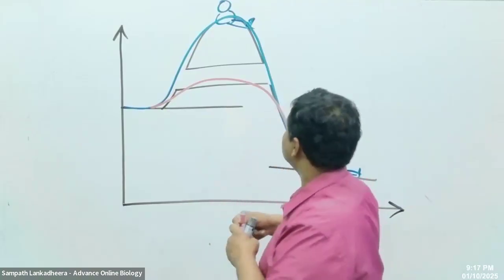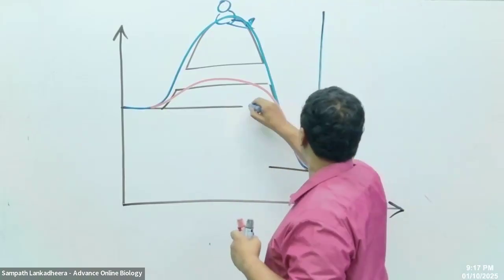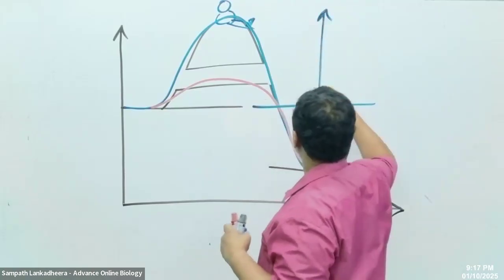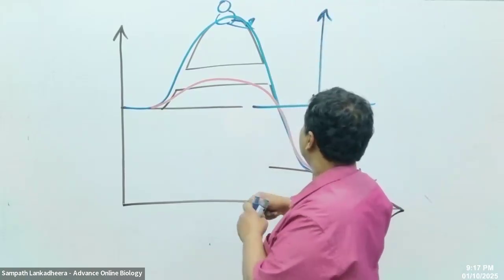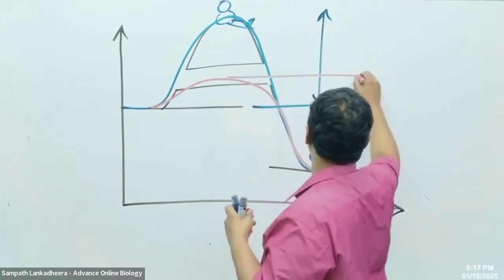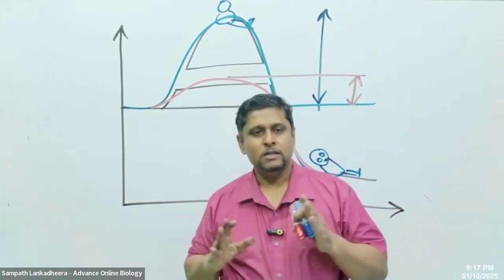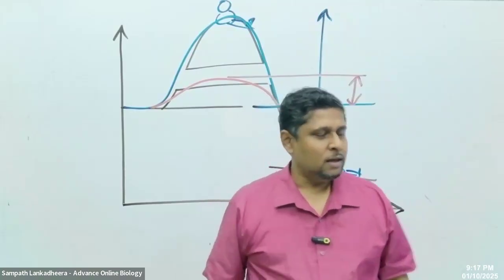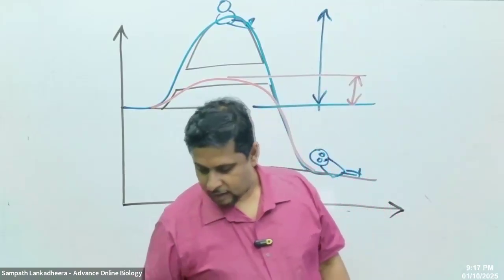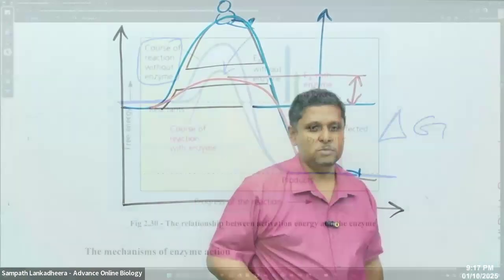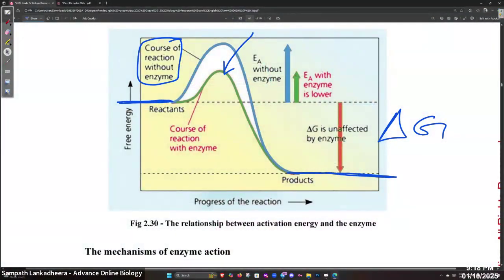This is the EA, energy of activation without the enzyme, and this is the energy of activation with the enzyme. So there is a significant change in the activation energy with and without the enzyme. That you have to understand. This is what it shows you.